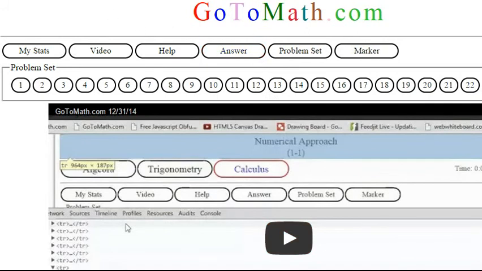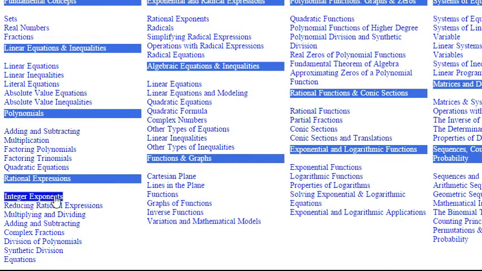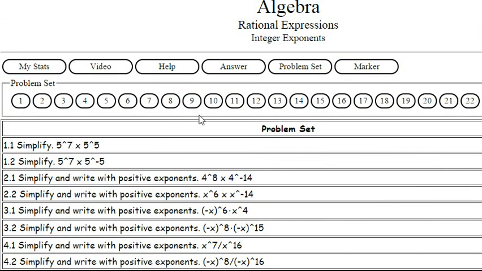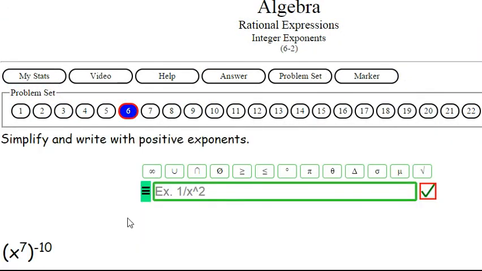Okay, we're at gotomath.com, click on the algebra, let's go down to integer exponents. And you know what, I'll just click up here. Wow, it came right up. So we have x raised to the 7th, that's all raised to the negative 10.